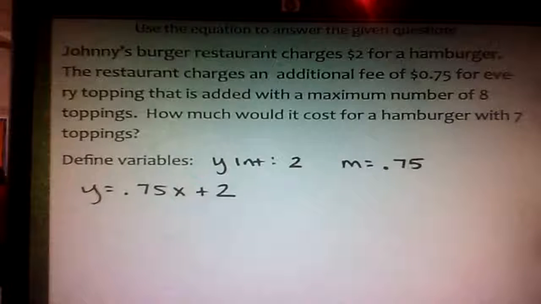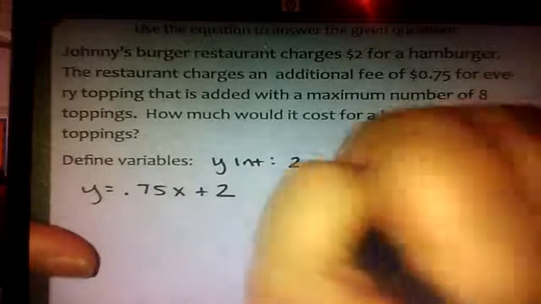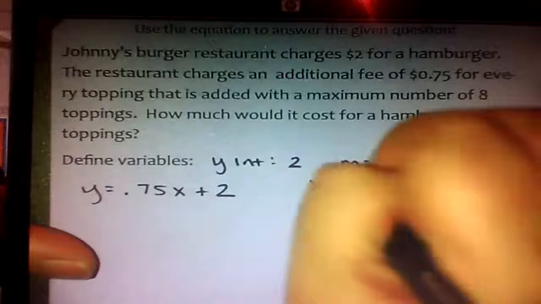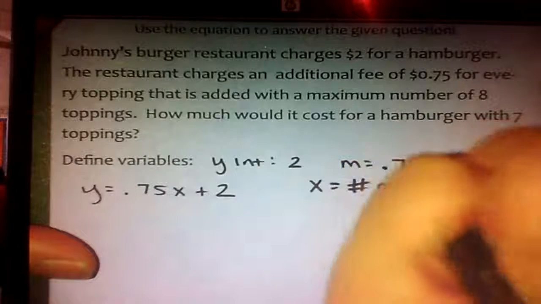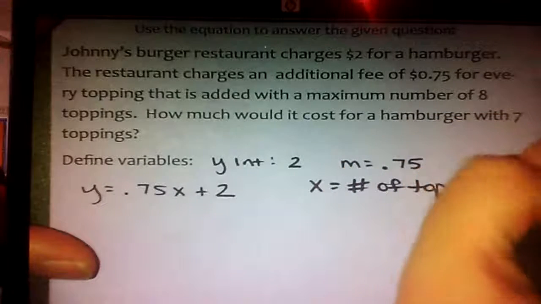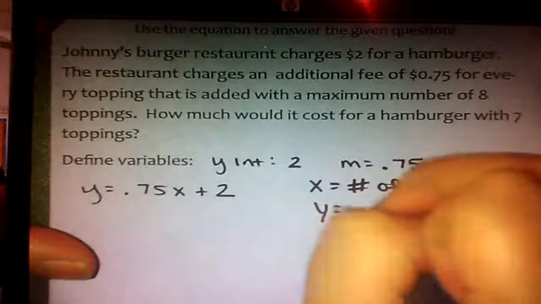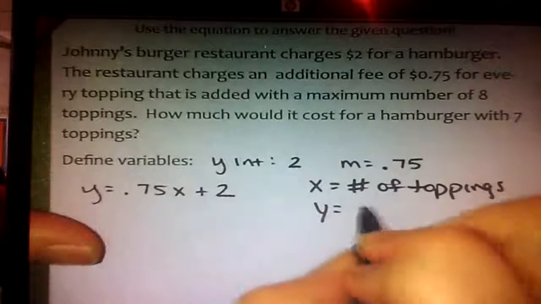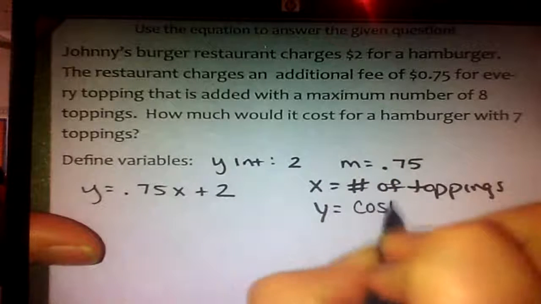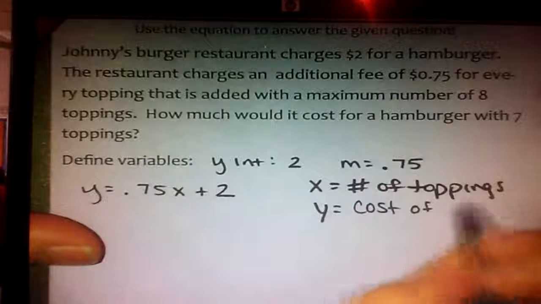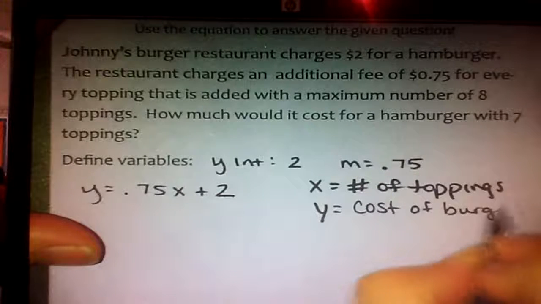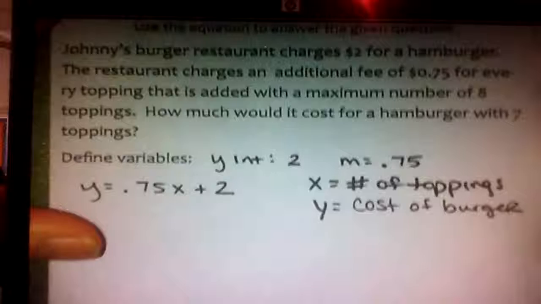Okay. So, what is x going to represent in this problem? How many toppings? This is your number of toppings. What's y going to represent in this problem? The cost of your burger at the end.